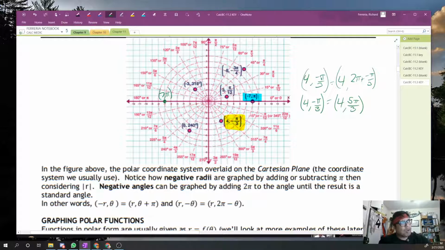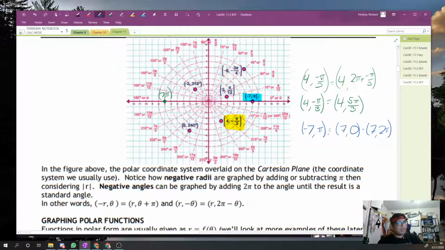Well, what is this coordinate if I made that theta positive? If I made that theta positive, then this coordinate, negative 7 comma pi, is equal to positive 7 and then 0, which is 7 and 2 pi.